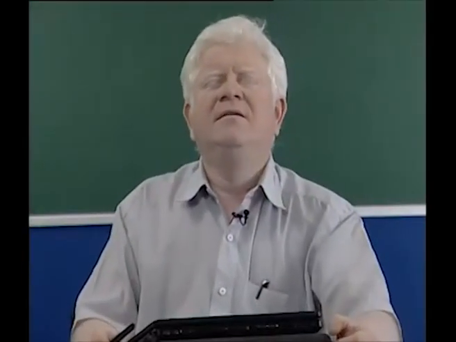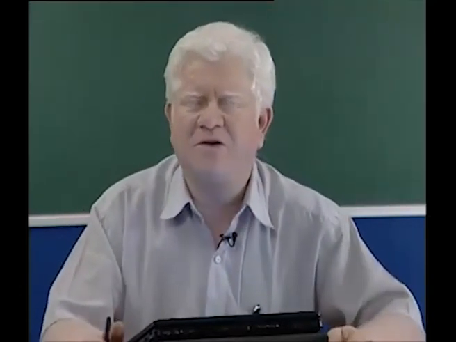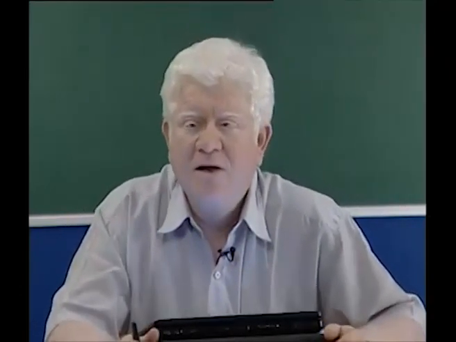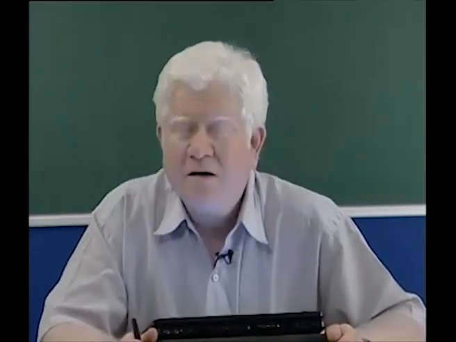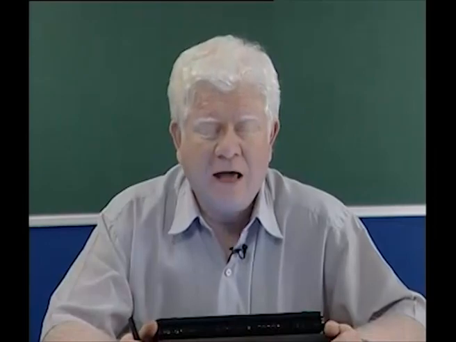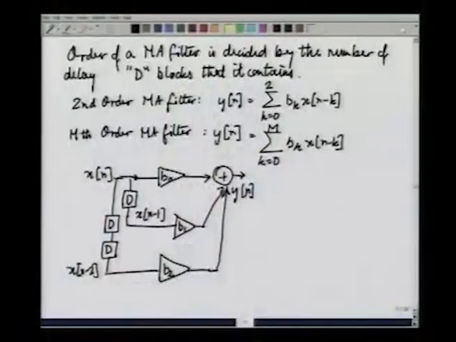Now, this kind of a diagram is ripe for just a few very straightforward simplifications. First of all, let us say that we want to keep the number of blocks of whatever kind to the minimum, be they delay blocks or gain blocks such as b0, b1, b2, or the summing blocks that we have over here.